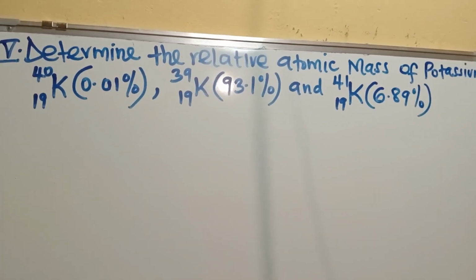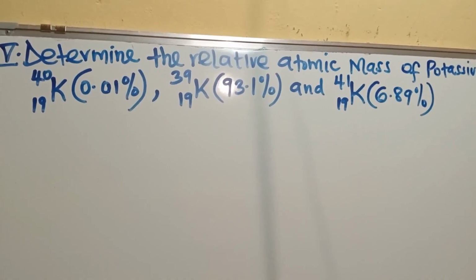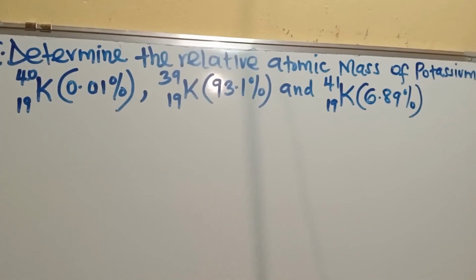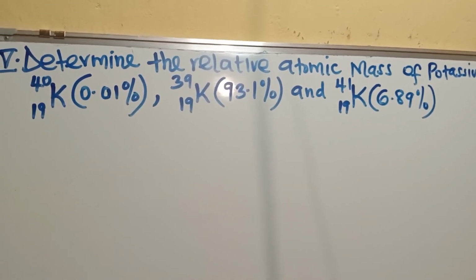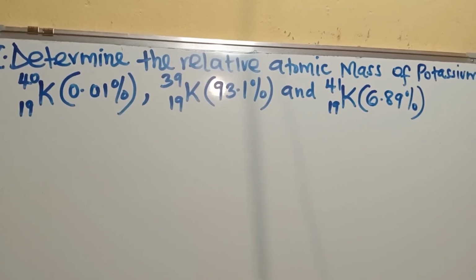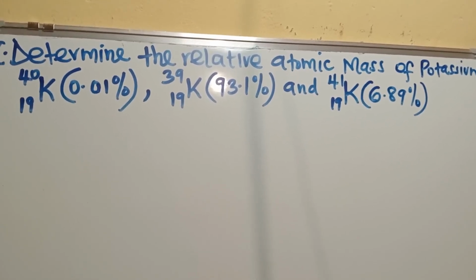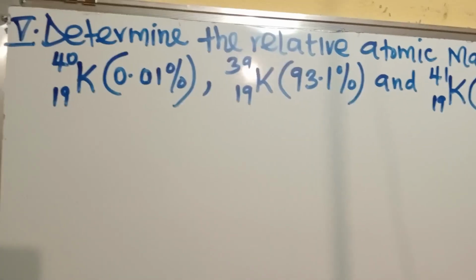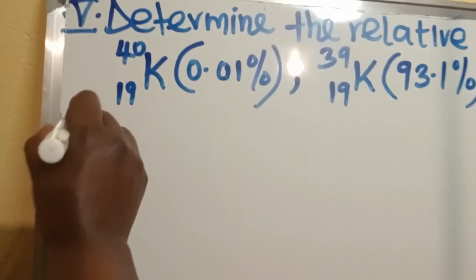There is this other form of the questions for isotopes, and it is very necessary that you also tackle one of them, where we are determining the relative atomic mass of potassium, and the information is provided already. So let us do it from the formula.